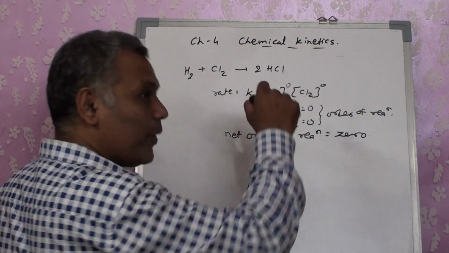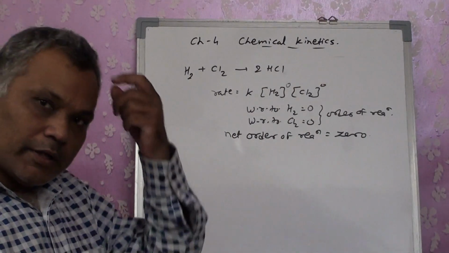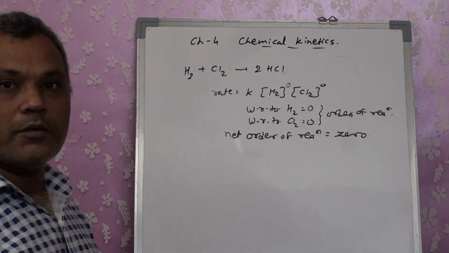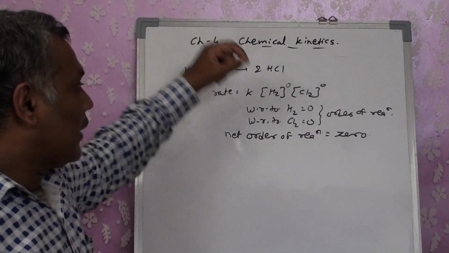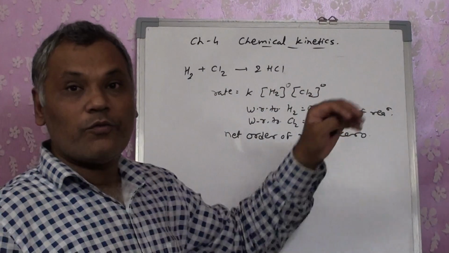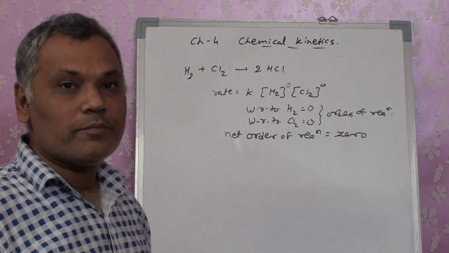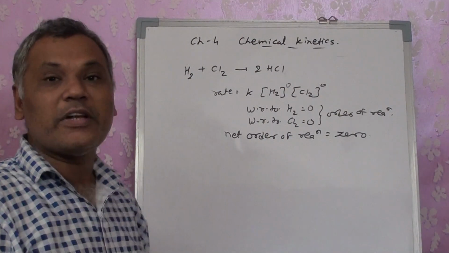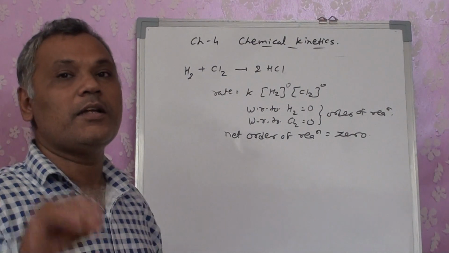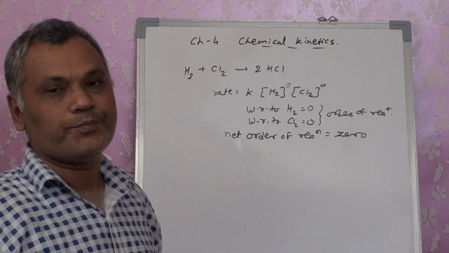This is an experimental value. They are not theoretical values. It's experimental, so by the experiment it can be predicted. So in the exam, you may be given the rest of the things and asked to find out the order, or the order may be given to you and you find out the rest. But you can't be given the reaction and asked what the order is, unless those reactions are from the textbook.